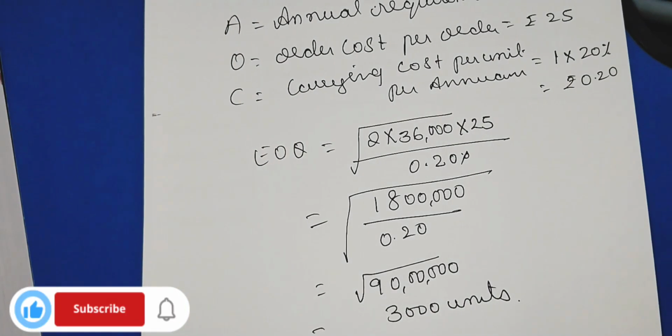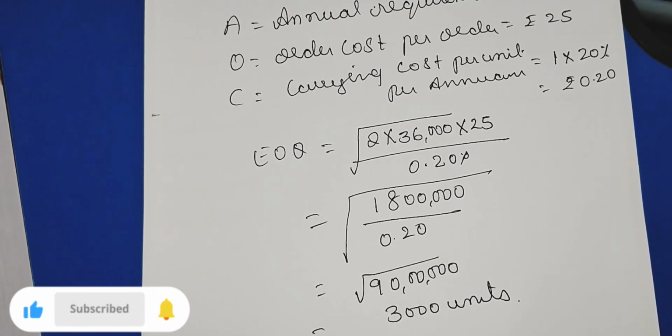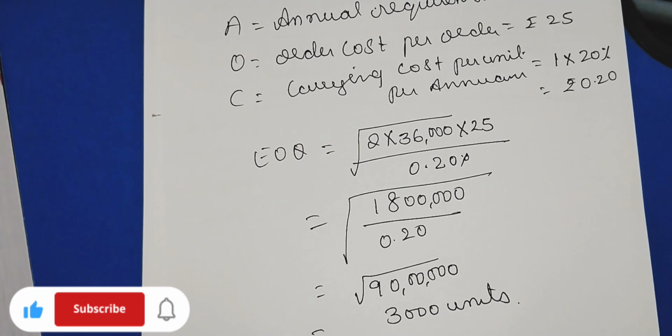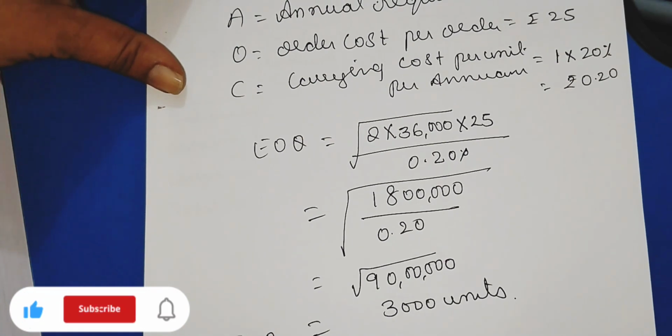Now we will check how the EOQ works out for the existing policy. So what does EOQ mean? It is the size of order when your ordering cost and the carrying cost are minimum. So when you can order 3,000 units, that is what the EOQ means, right?